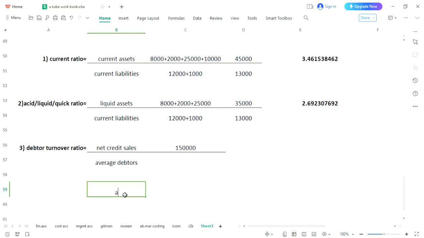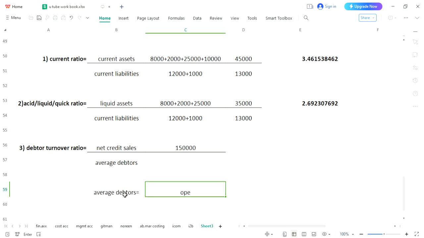For that, you will put opening debtors plus your closing debtors, and then you will divide it by 2. So this is the way to calculate average debtors, and I will show you how the answer in the book is wrong as well, but you will follow it the way I am asking you to follow.